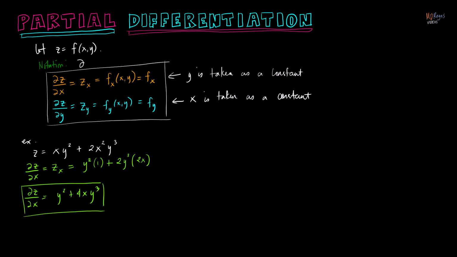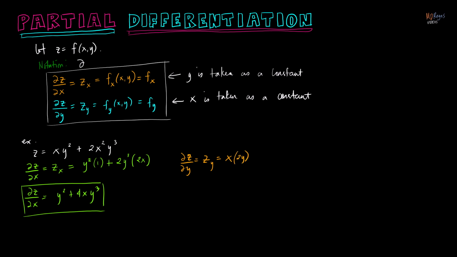Alright. Now let us take a look at the partial derivative of z with respect to y. Or you can denote this by z sub y. Okay. So in this differentiation process, we have to take x as a constant. So in the first term, xy squared, take x as a constant. So just copy the constant and take the derivative of y squared with respect to y.